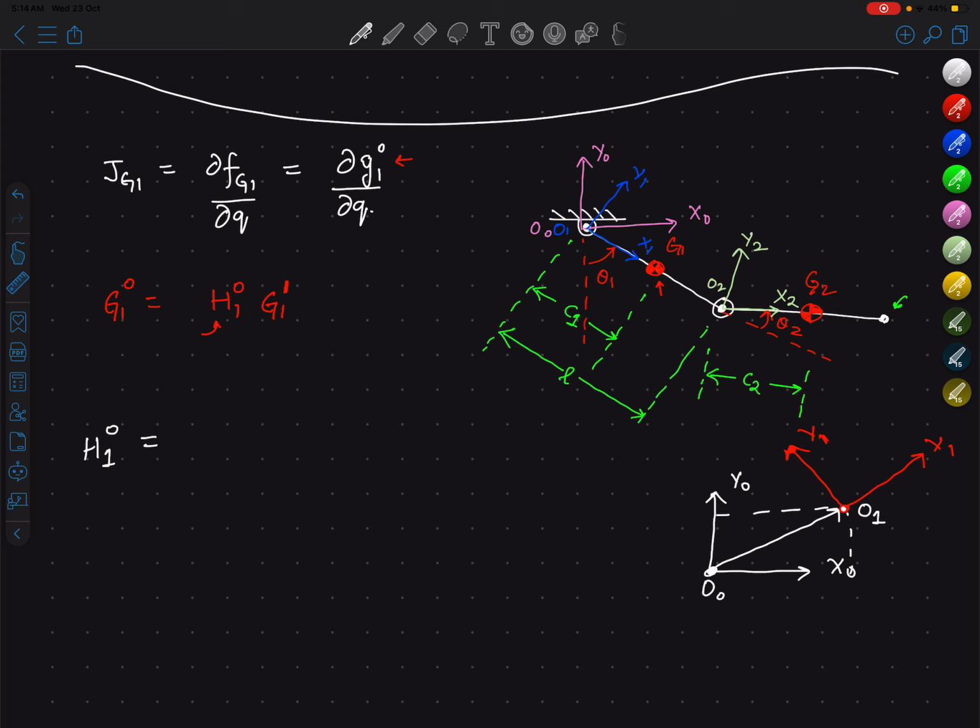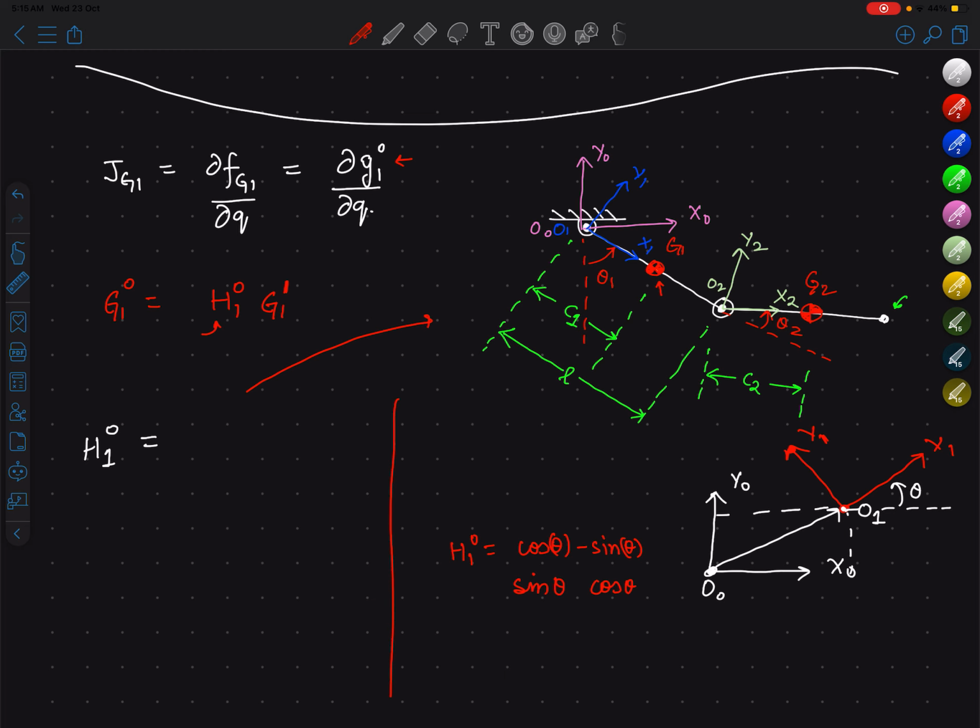So the way we write a homogeneous transformation matrix is, let's say this is theta. For this, H1 naught is given by cos theta, minus sin theta, sin theta, cos theta.